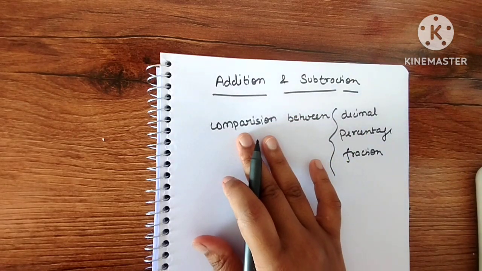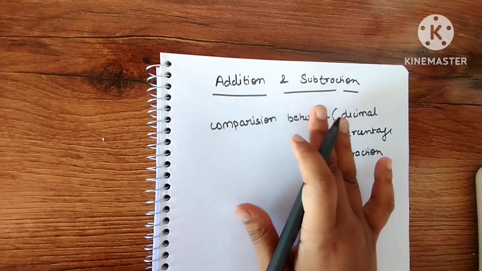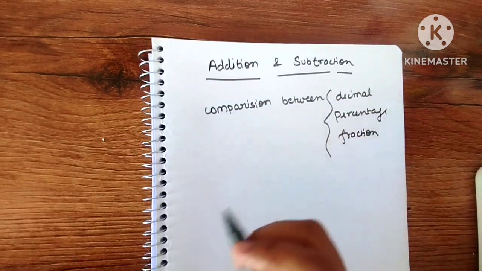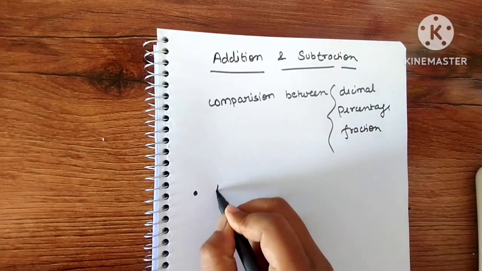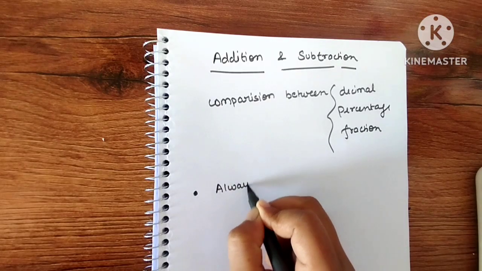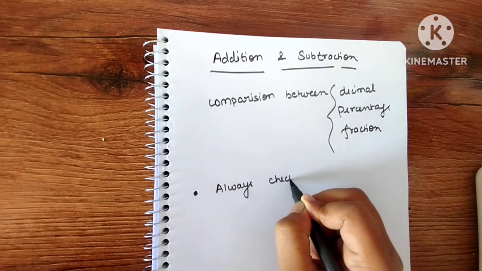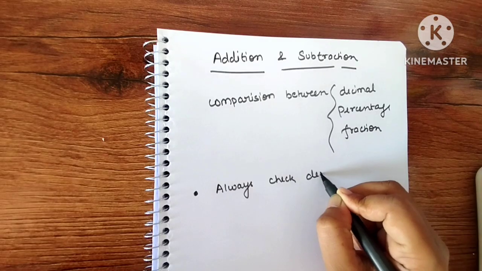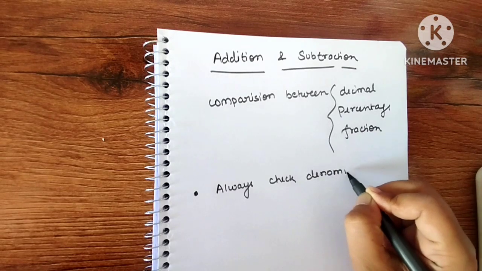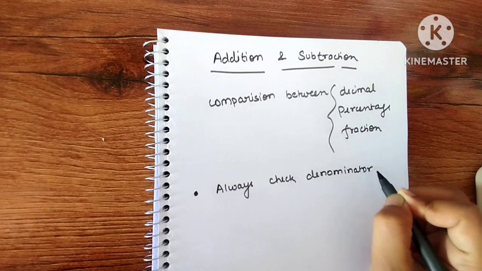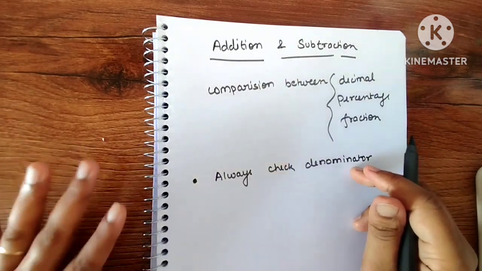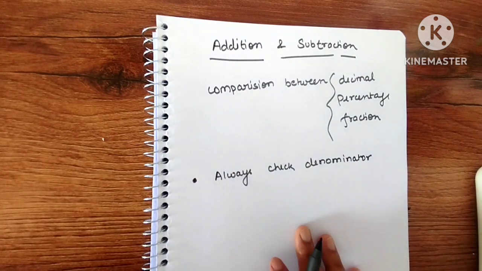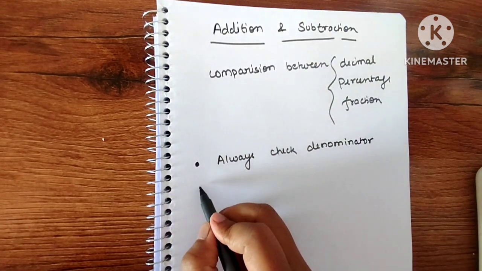For comparison of fractions and for addition and subtraction, one rule is common. What is that rule? Always check the denominator. It is the first rule. So whenever you are going to add or subtract fractions, always check the denominator.